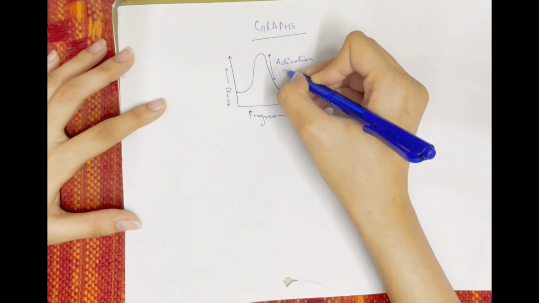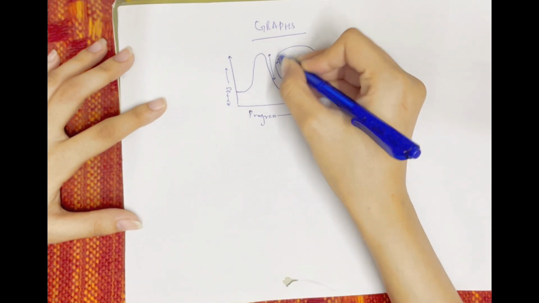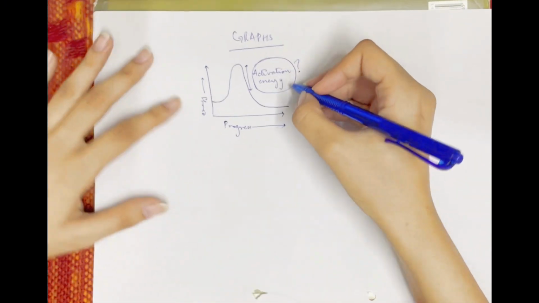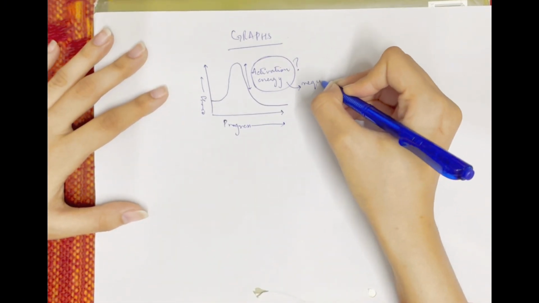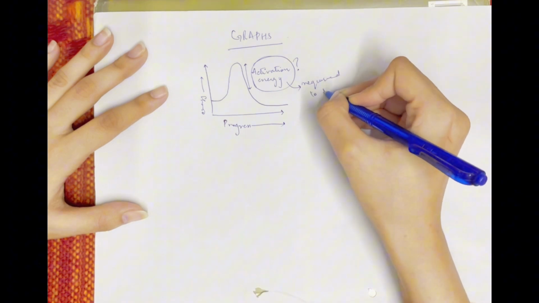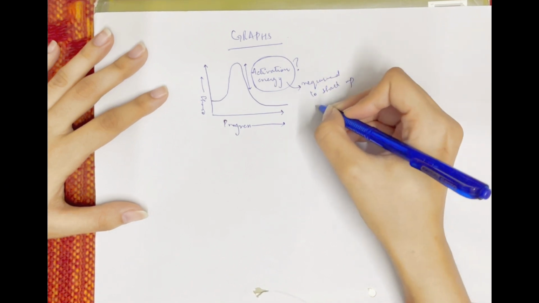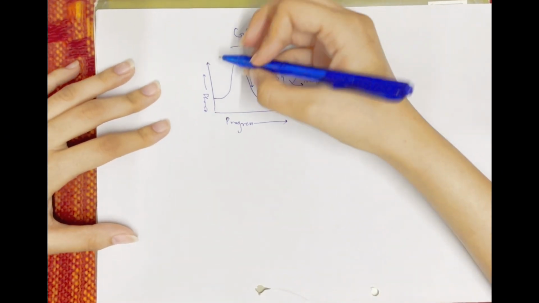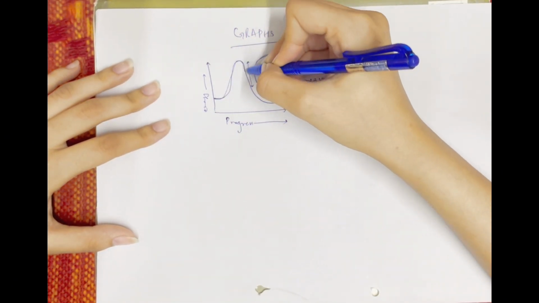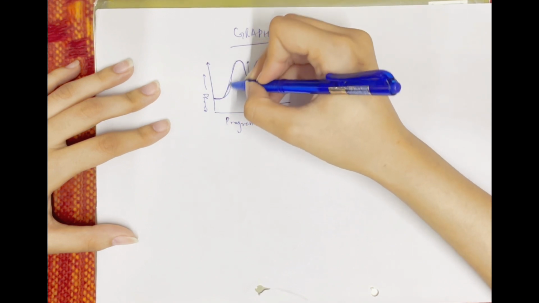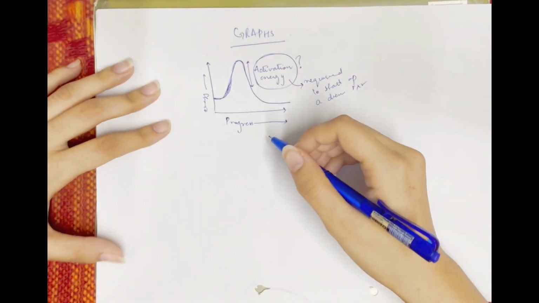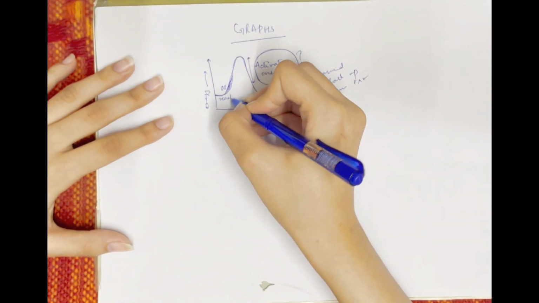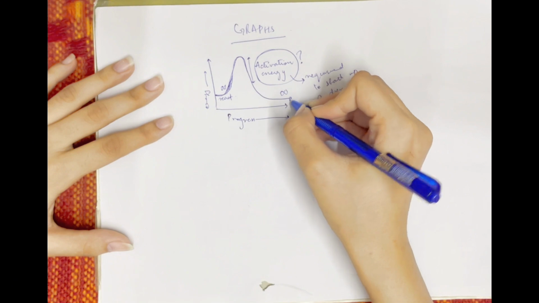Now comes the question of what is meant by activation energy. Basically, the activation energy is the energy that is required to start a chemical reaction. This is a large activation energy that is required by a reaction to proceed. And some basics that we need to know: here we have the reactant and here we have the product.